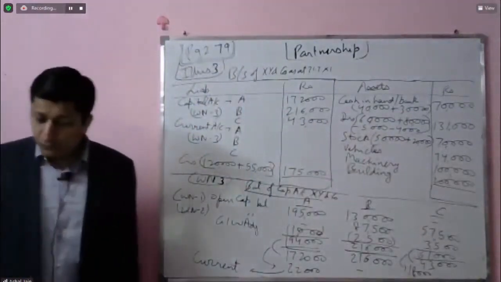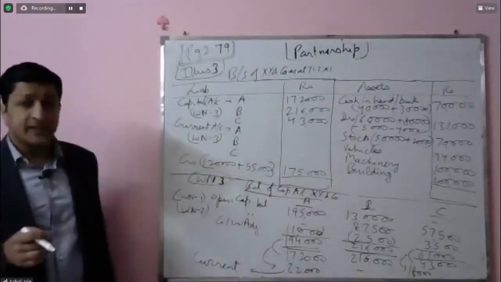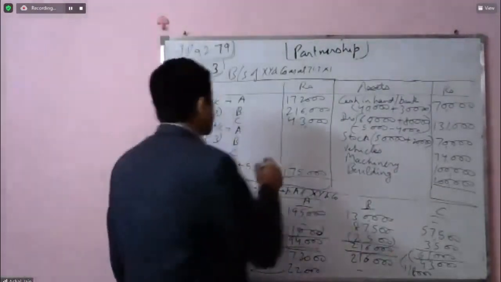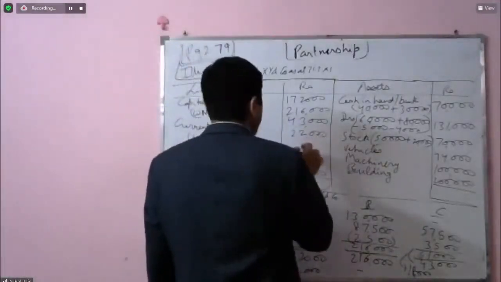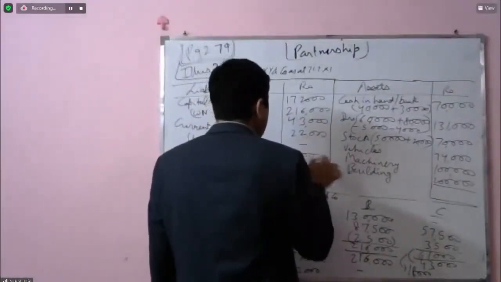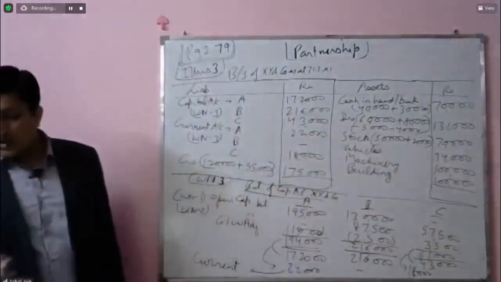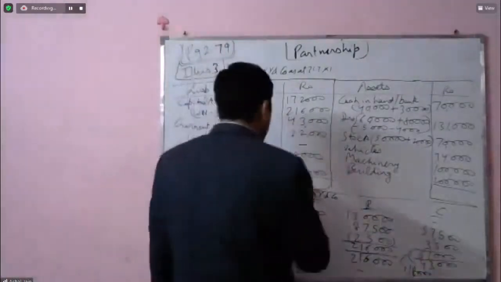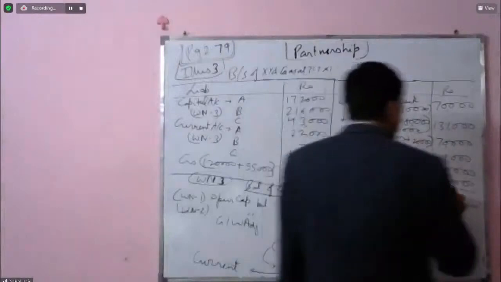And what are the differentials? 22 and 18. These are also their capitals. So this is 22. For B it's nil. For C it's 18. All in all, this is how our balance sheet will get closed. 6,45,000.